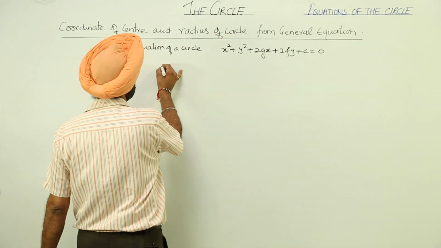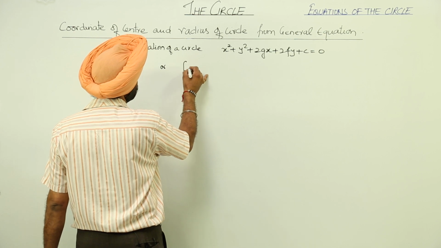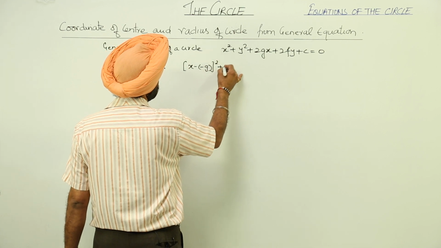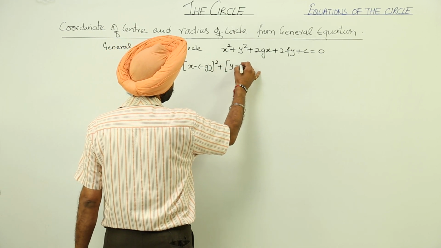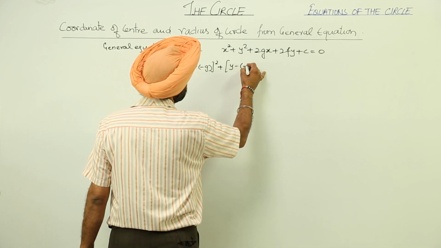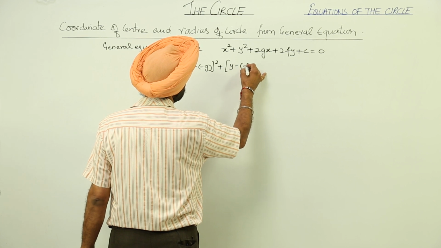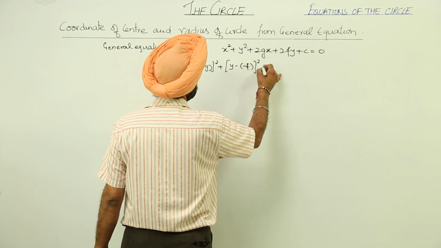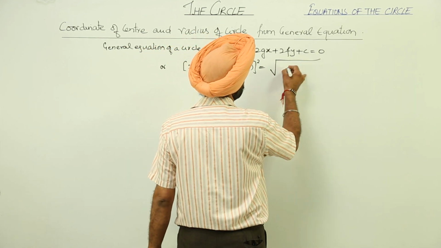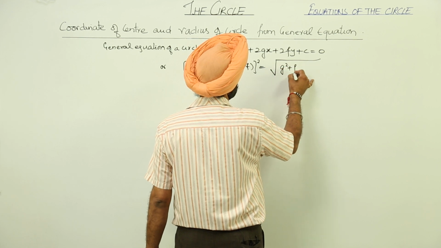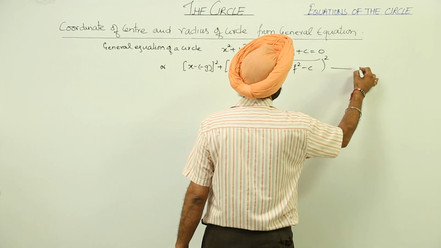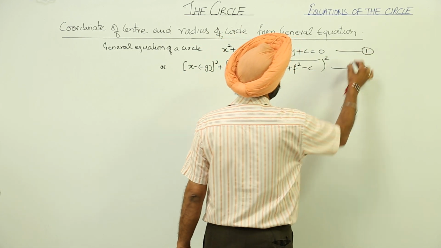Or, to this we can write it as (x minus g) whole square plus (y minus k), sorry, it is f, whole square is equal to the square root of g square plus f square minus c, whole square. Let this be 2, this be 1.